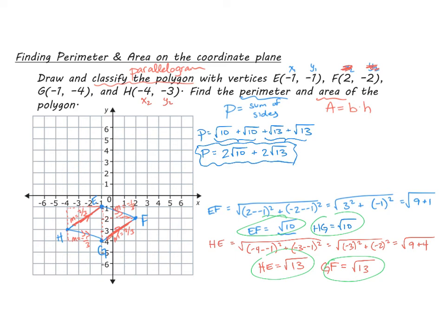Lastly, we have our area. Now, to find the area, we got to do the base times the height. So I can, you know what? In this particular problem, unlike the last one, this one would be easier if we split it up into triangles.